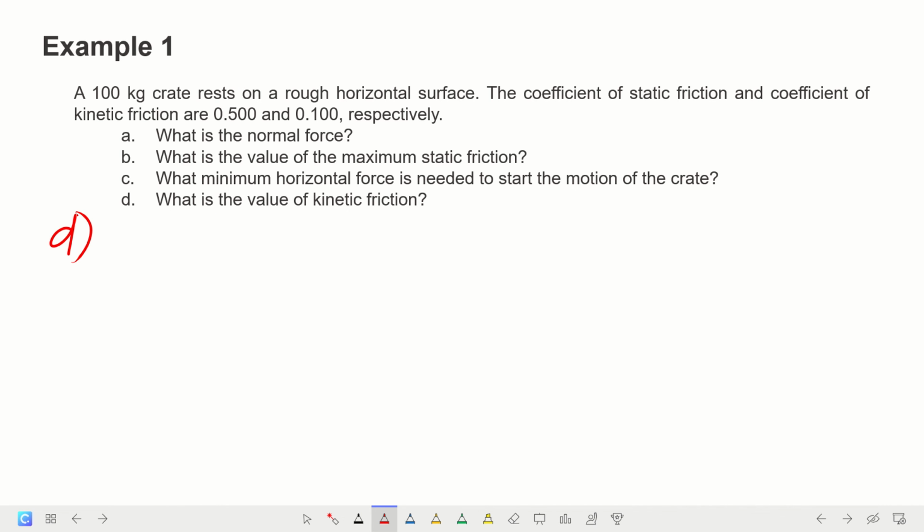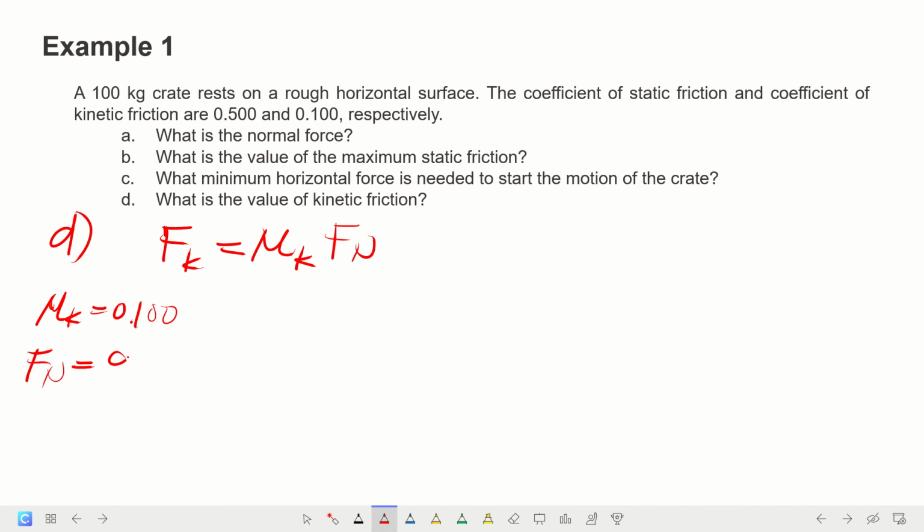So, letter D. The value of our kinetic friction is given by the equation F of K is equal to the coefficient of kinetic friction times the normal force. We know that the value of mu sub k is equal to 0.1, and the normal force is equal to 980 Newton.